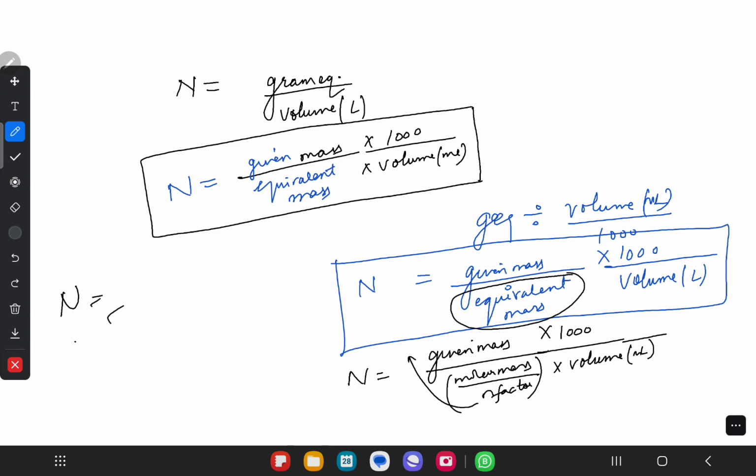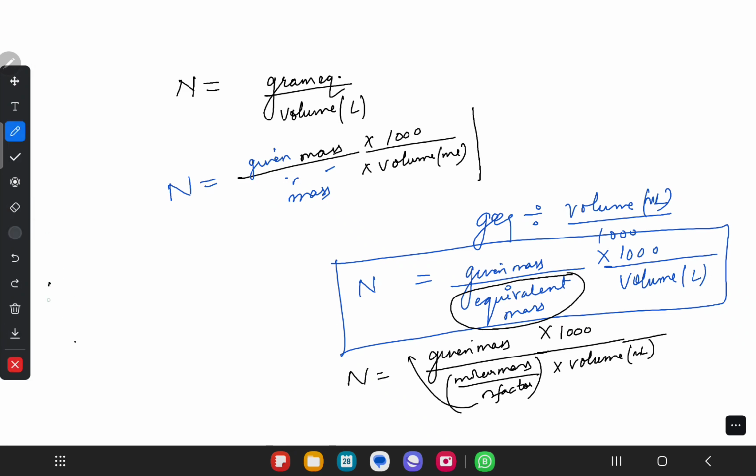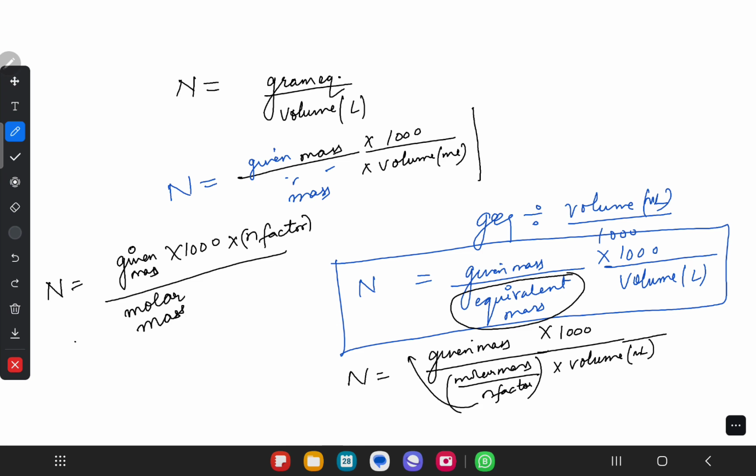So my normality becomes equal to n factor divided by molar mass into volume in milliliters.